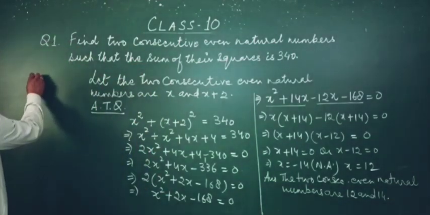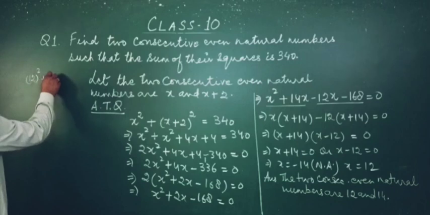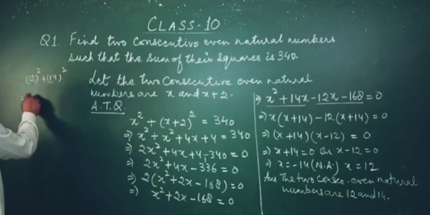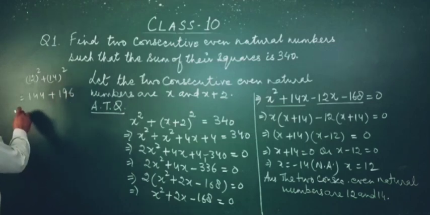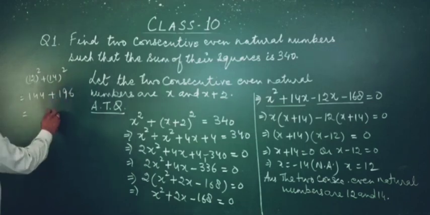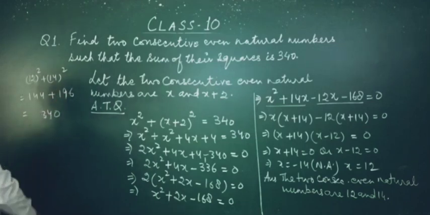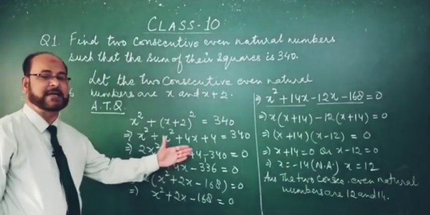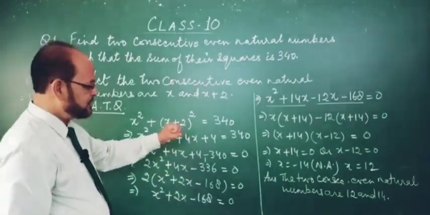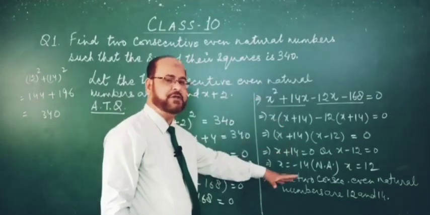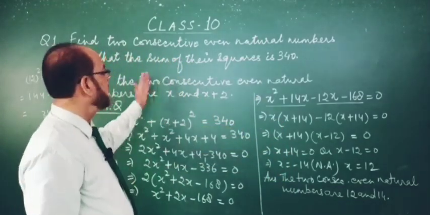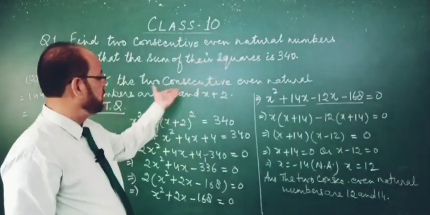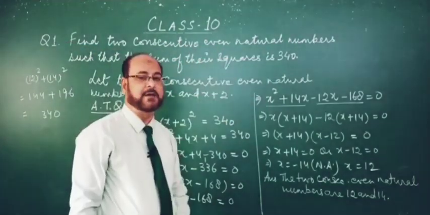Now do the square of 12 and 14, then add together. Sum is 340. It means your answer is absolutely correct. So after getting the answer, always check whether your answer is right or wrong, and to do that just substitute the values in the given condition.